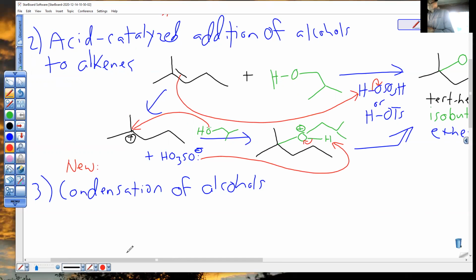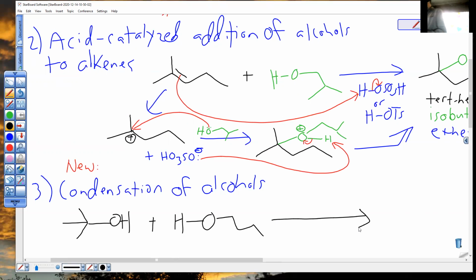So condensation of alcohols, we'll do 2 different alcohols. We can do something like tert-butanol and butanol coming together with our same favorite acid-catalyzed partners.